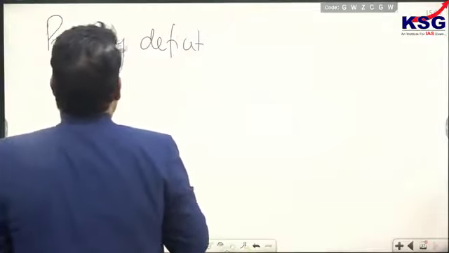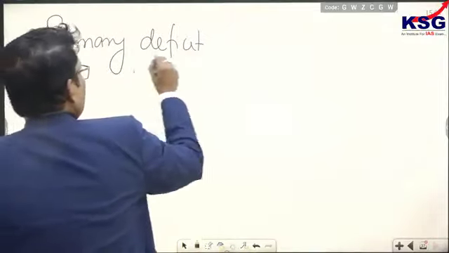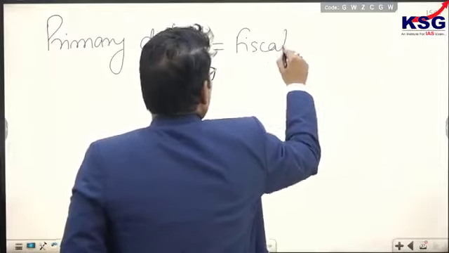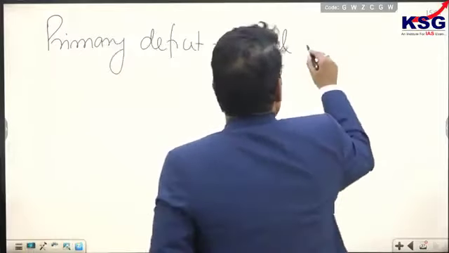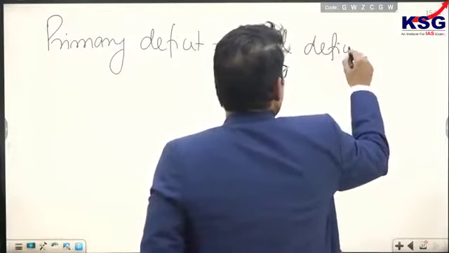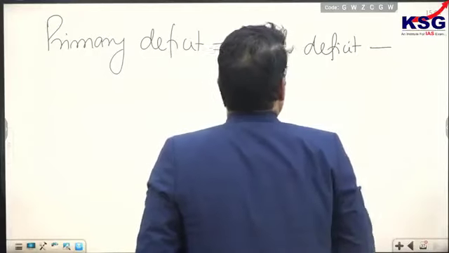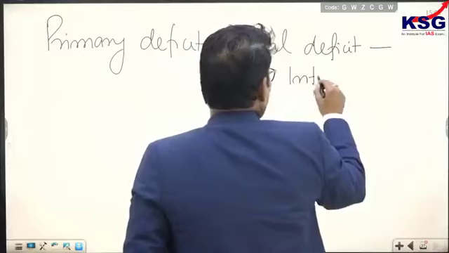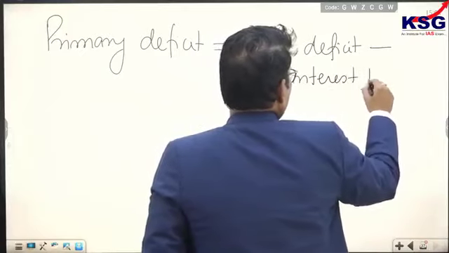Primary deficit. Okay. So primary deficit is defined as fiscal deficit minus interest paid.